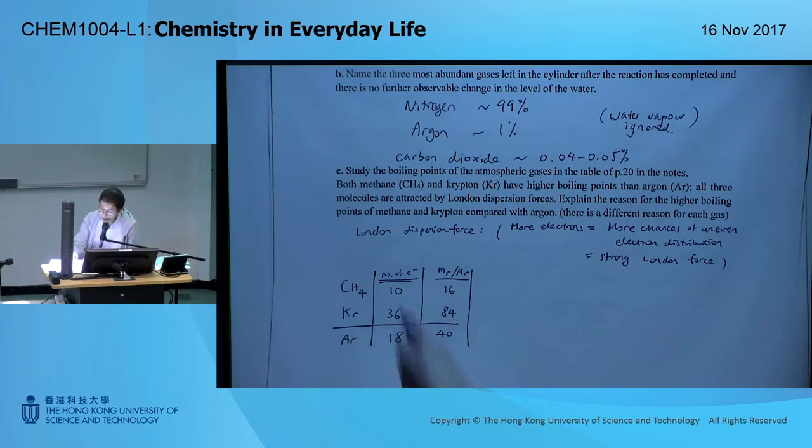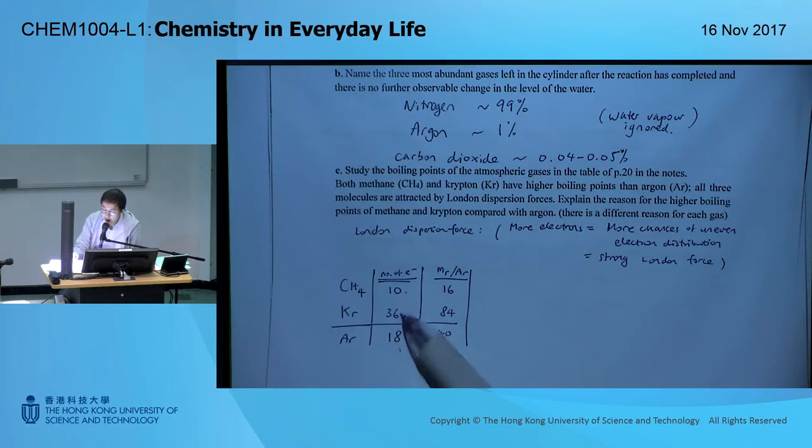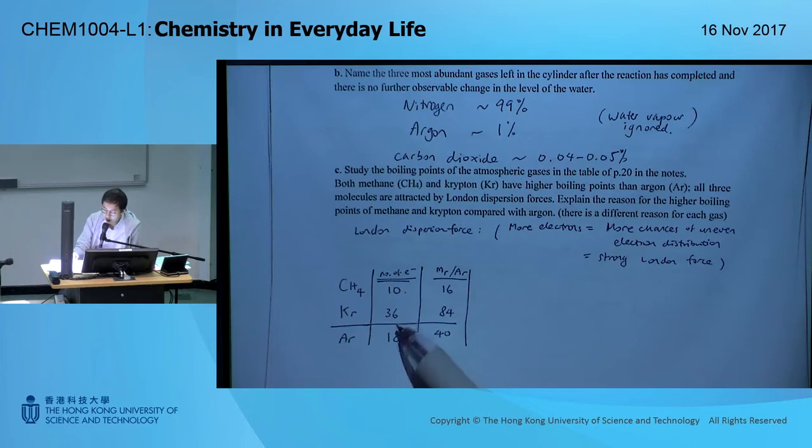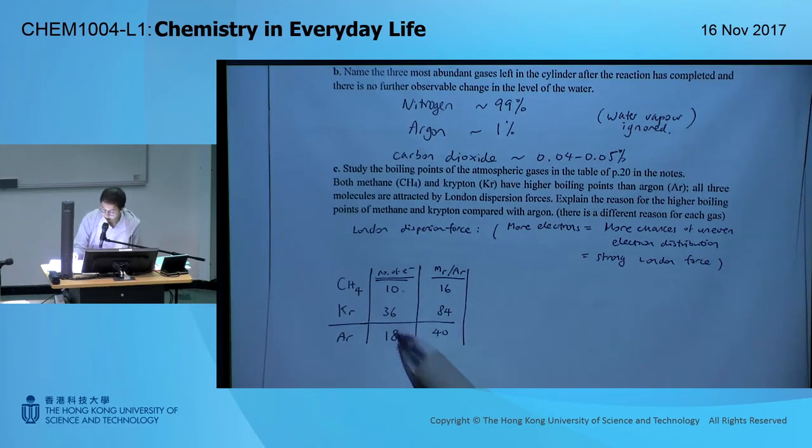So methane and krypton have higher boiling points than argon. Now it is clear to say that because krypton clearly has more electrons than argon. So the reason for the higher boiling points in krypton is most likely that there are more electrons.